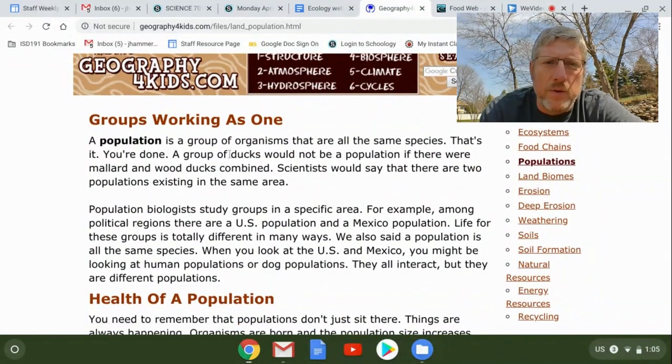A population is a group of organisms that are all the same species. That's it. You're done. A group of ducks would not be a population if there were only a mallard and a wood duck combined. Scientists would say that there are two populations existing in the same area. So you need a bunch of the animals of the same species in the same area.